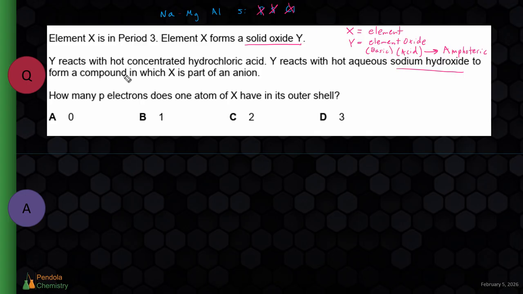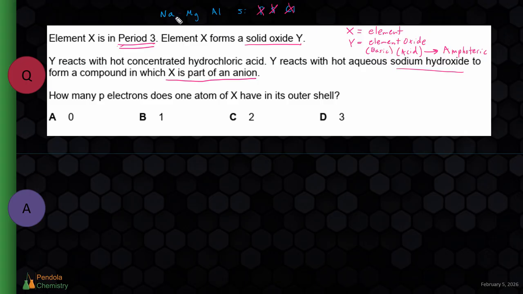It says to form a compound in which X is part of an anion. Now, this part isn't necessary for us to answer the question, but it does make sense, and I'll show you why in a second. But let's go back to this. The element oxide of this element X is amphoteric. Out of all of the period 3 elements that we discussed in this chapter, only one of them was amphoteric.